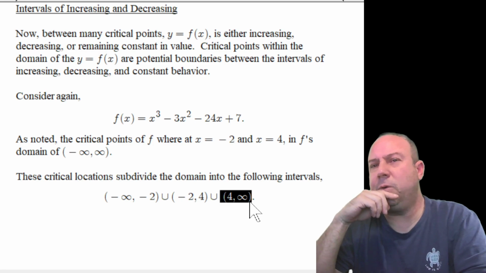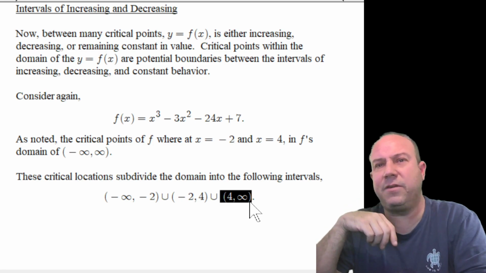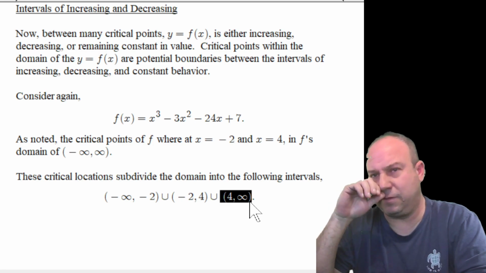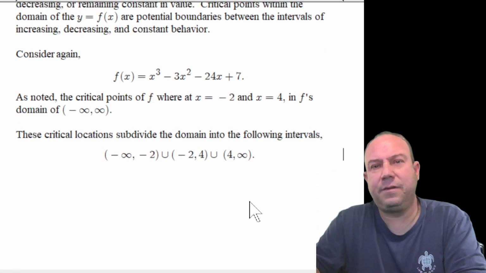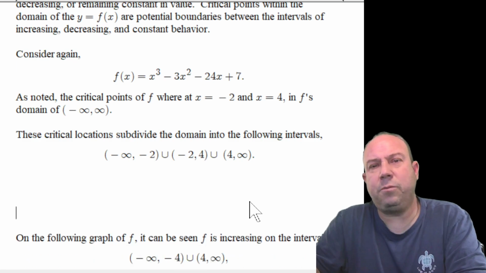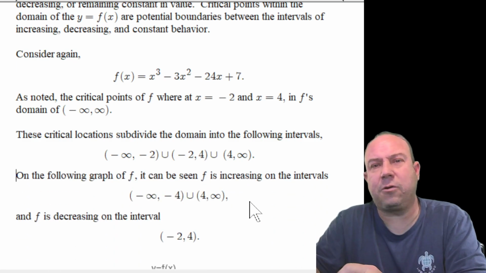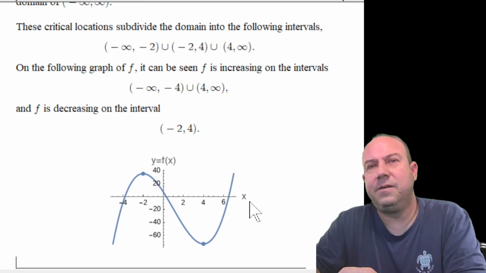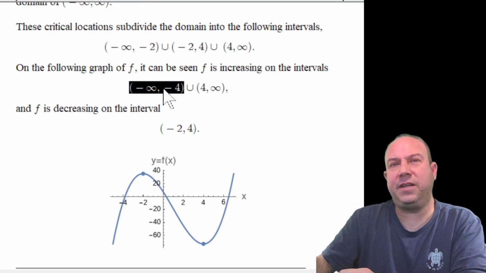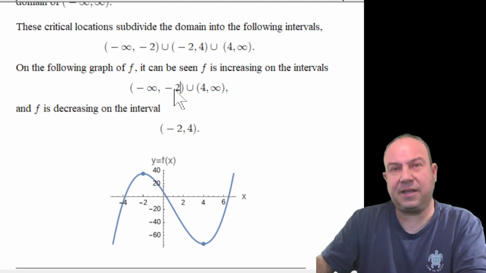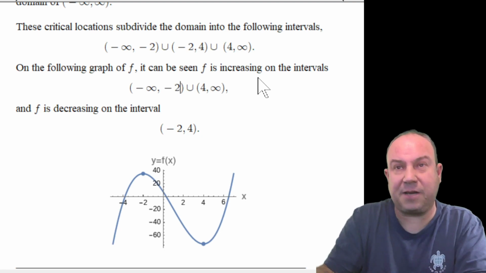What we need to do is look at the behavior of the function over those intervals. And since we already have the graph, we should be able to go back and see that we were increasing from negative infinity to, why do I have, that should say negative 2. Let's fix that. That's why I'm going through these, just to double check them.